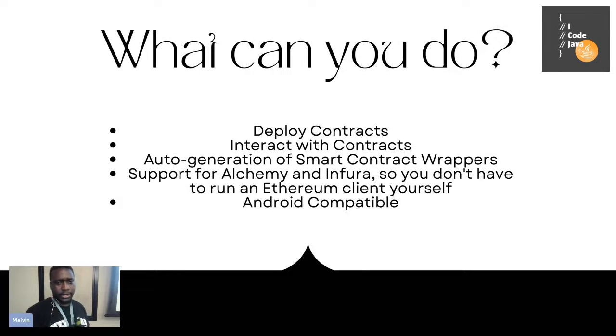And then the auto generation of smart contract wrappers: since contracts are deployed on Ethereum with bytecode, you can't really just download the bytecode and then call whatever method you want. But Web3J allows you to do that, based on the flattened code that you have of the contract.